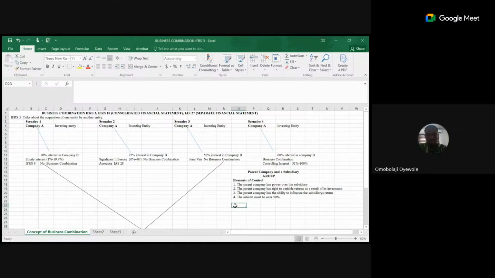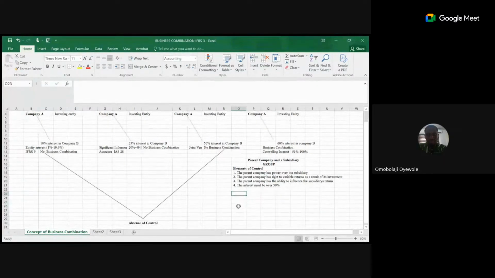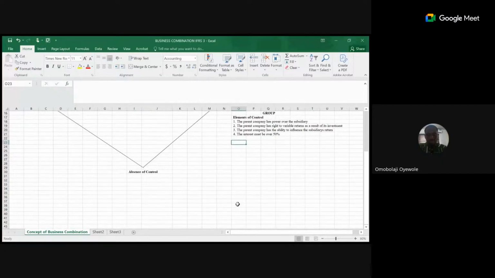Because I have investments in that company. And the investment I have in that company is as a result of the fact that what? I have a controlling interest. Number three is that the parent company has the ability to influence the subsidiary's return. Then number four is that the control must be over 50%.